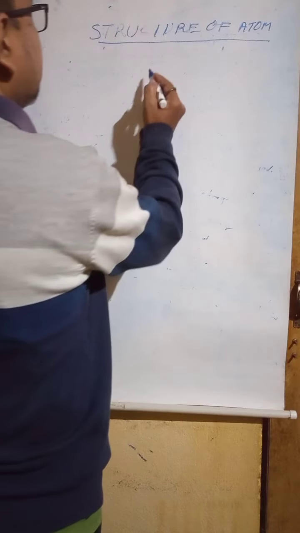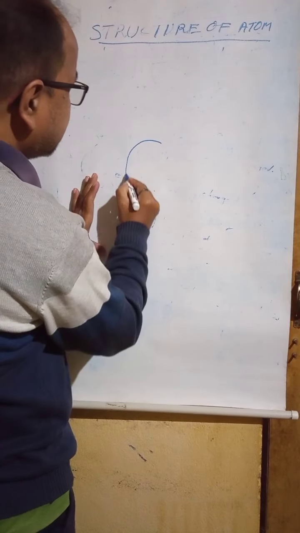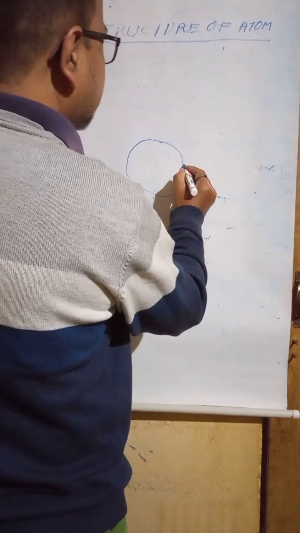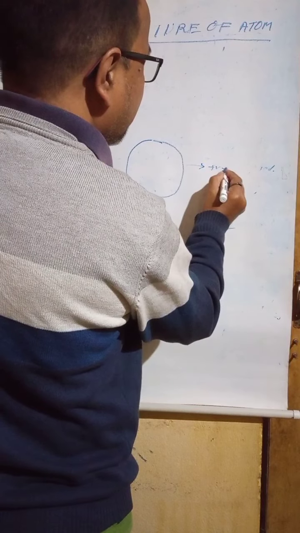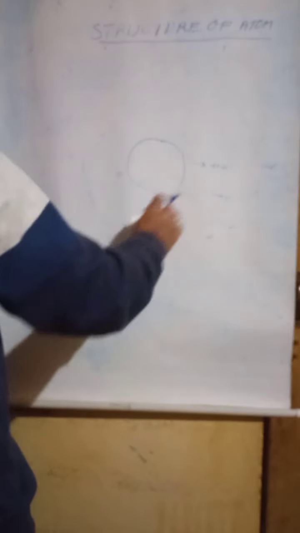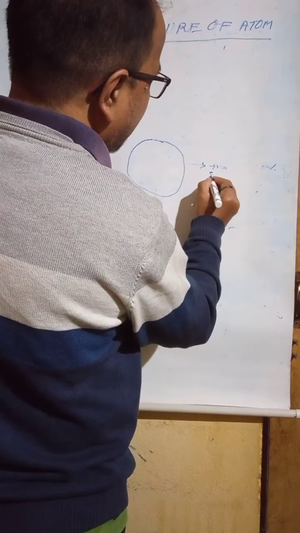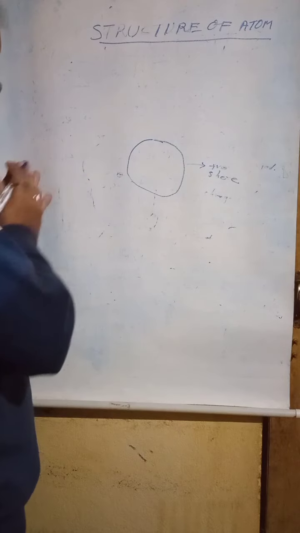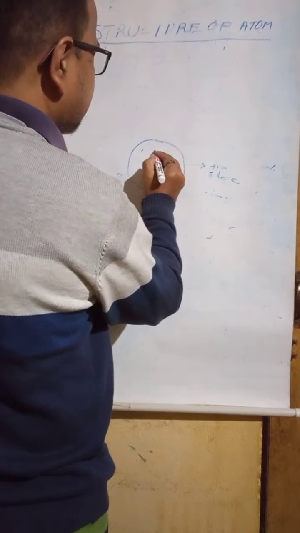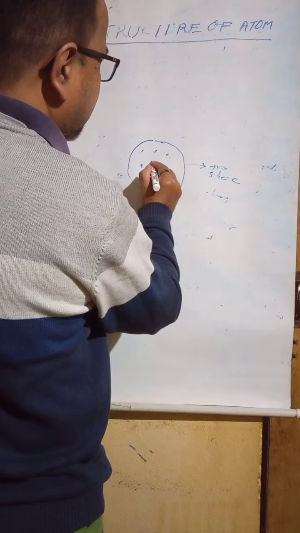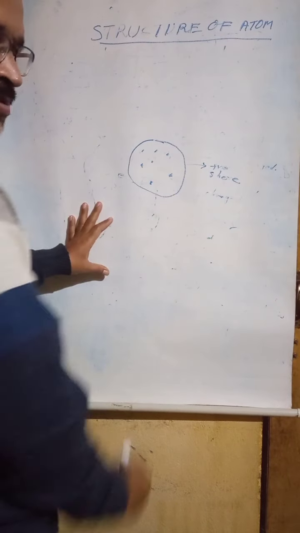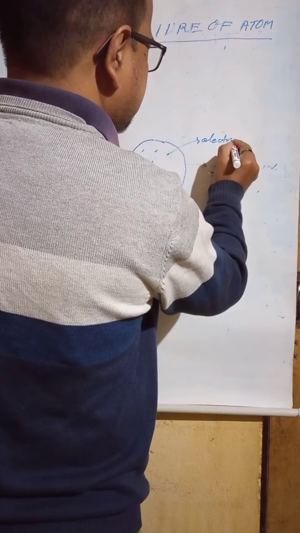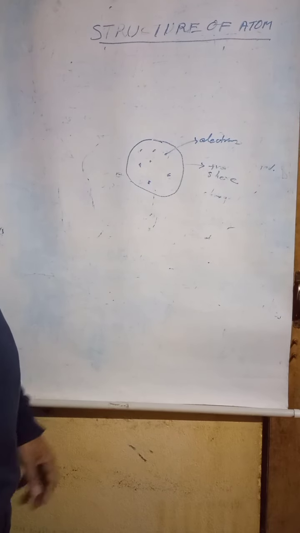What did Thomson tell? As per Thomson's model, this is the positive sphere of the atom, and inside this the electrons are present.